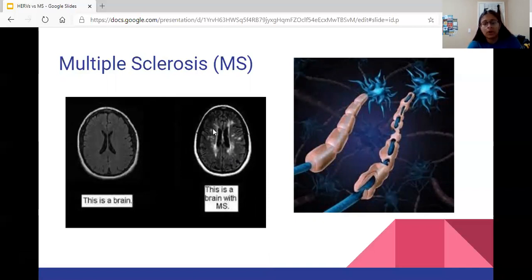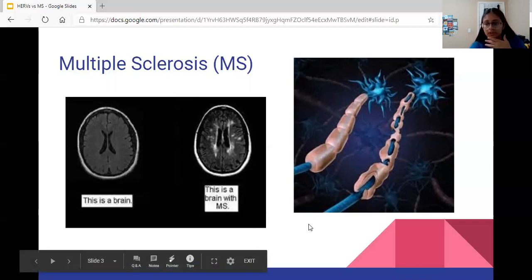The white areas specifically show areas of lesions or scarring. Basically, multiple sclerosis has many symptoms, namely because multiple sclerosis affects cell communication and more specifically neuronal communication. This can lead to a whole host of symptoms.